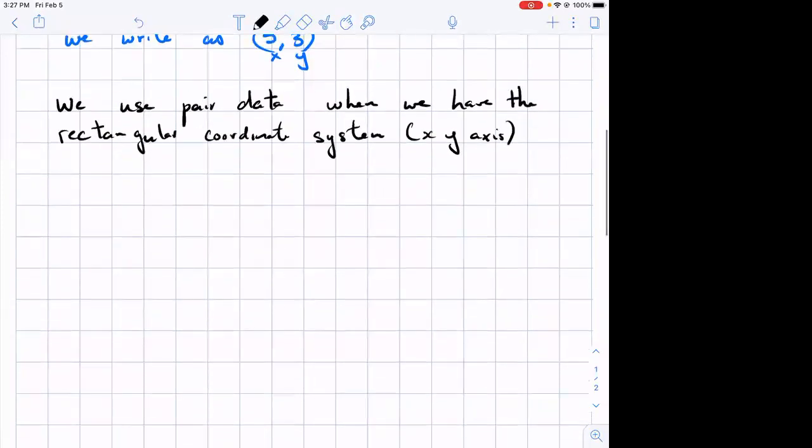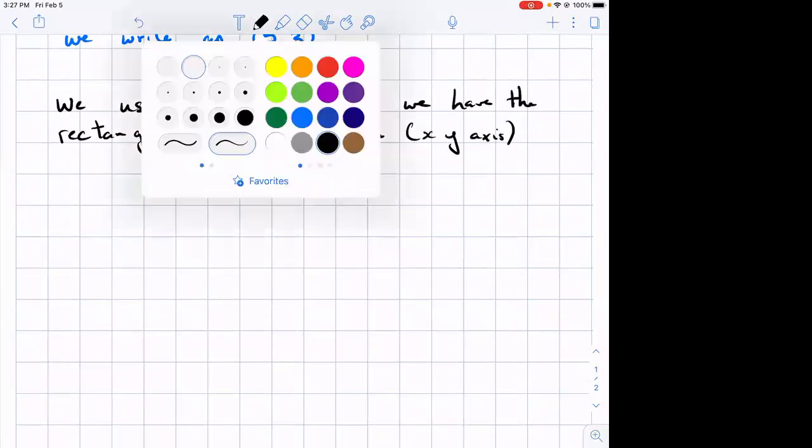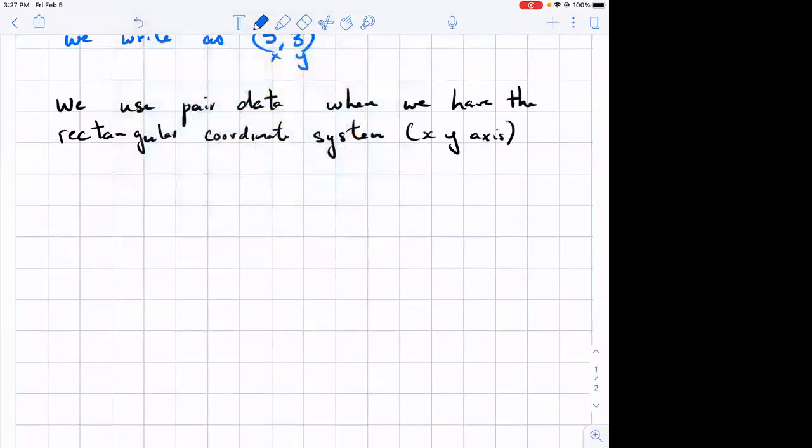You have all seen this before. This is our x-axis, and here we have our y-axis. So we usually write y here and x here, meaning x-axis and y-axis.